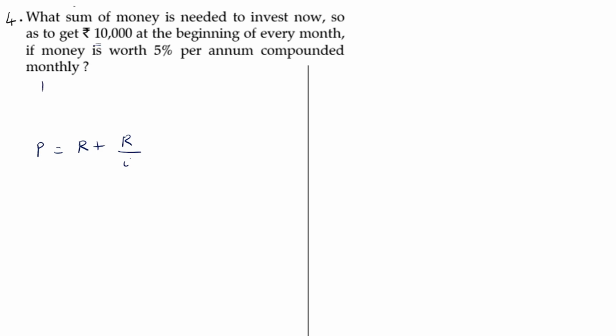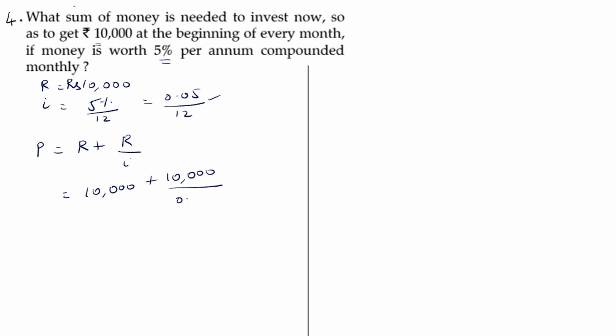Here R is rupees 10,000 and I is the rate per period. It is 5% per annum compounded monthly. So the rate per period will be 5% divided by 12, or it is 0.05 upon 12. Let us keep this as it is. So this is equal to 10,000 plus 10,000 upon 0.05 divided by 12.